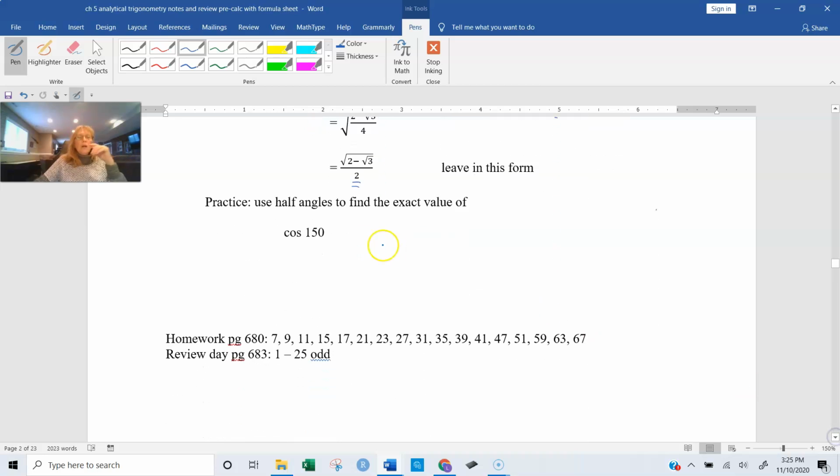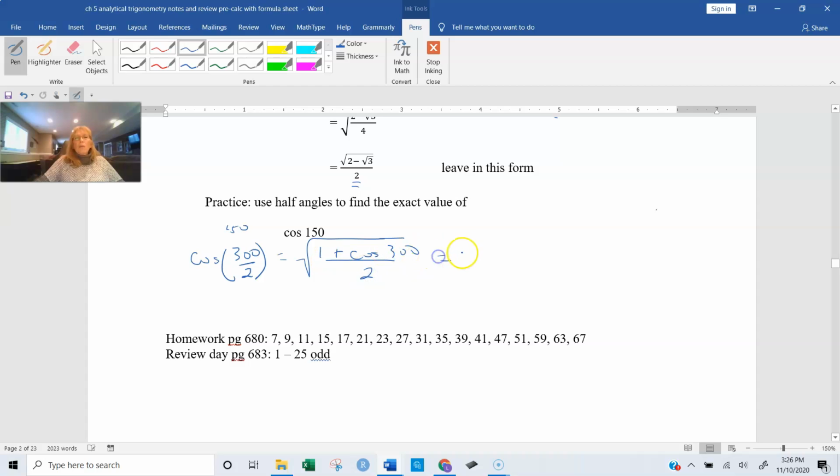Okay, pause and try yours. I should have given you more room here. I apologize. All right, so now you should have said, hey, that's the cosine of 300 divided by 2, because 300 divided by 2 equals 150. So now we're using our cosine, which is the square root of (1 plus the cosine of 300) over 2.